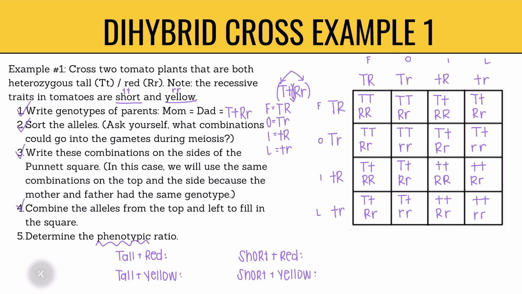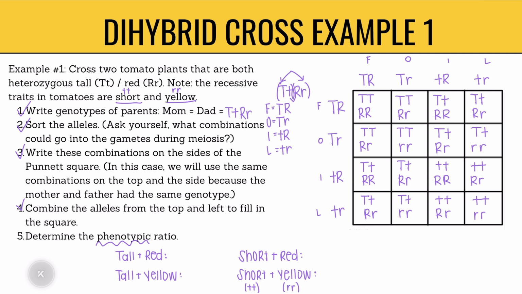The way that I like to do this is I like to pick out the obvious ones first, and to me the most obvious one is the one that has both of the recessive traits. So I know that being short is lowercase t, and being yellow is lowercase r, lowercase r.